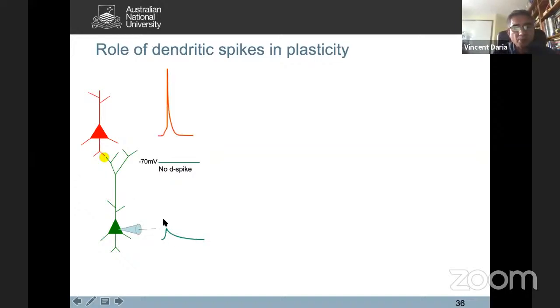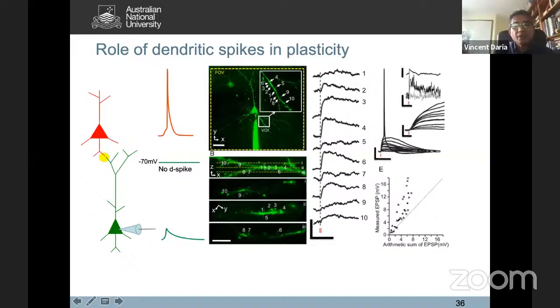If you measure this when this one is firing, what you see here is just a small blip. And this is because there's no extra boost from a dendritic spike. Note that, in fact, experimentally, I've shown this earlier, each of the synapses will just give you this one, and you need at least 10 of those to drive this neuron to fire an action potential.